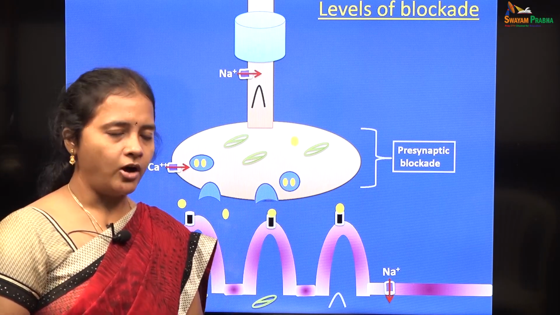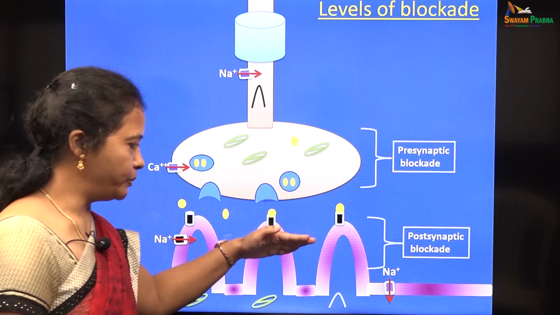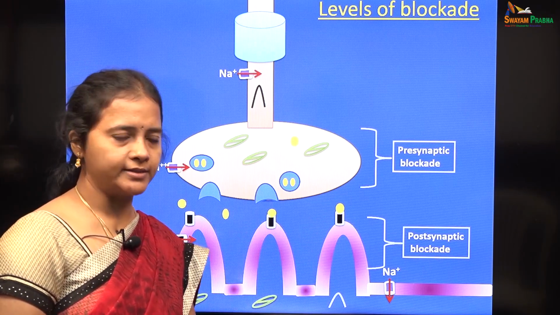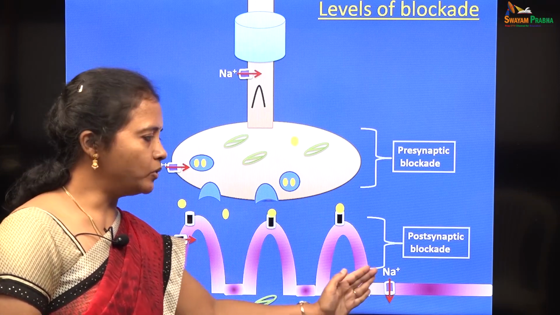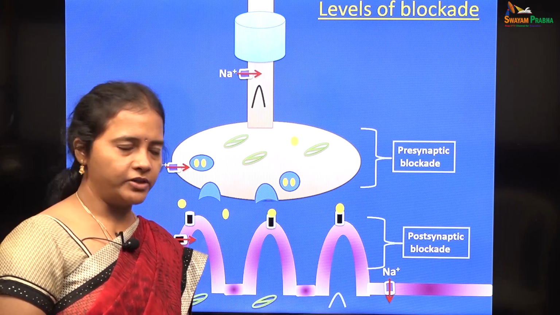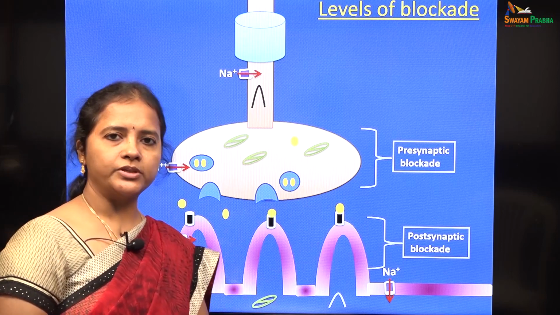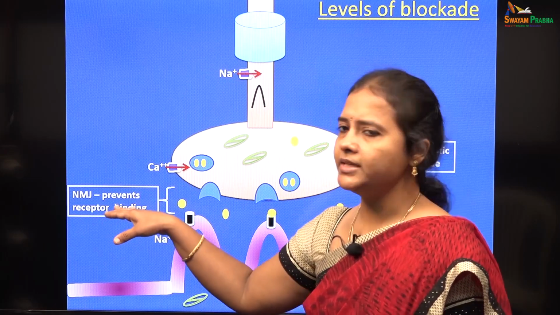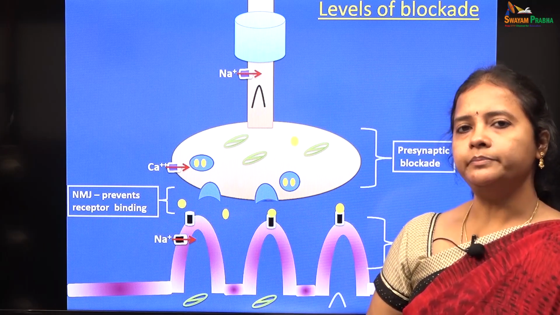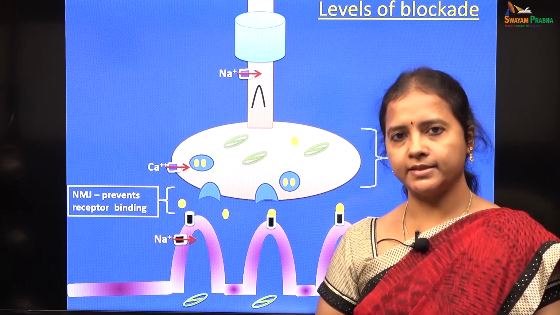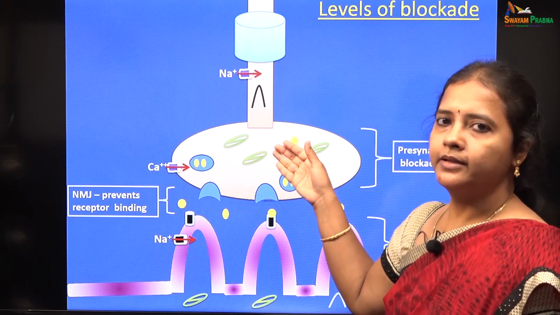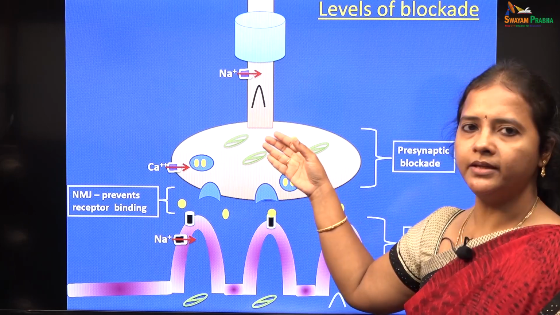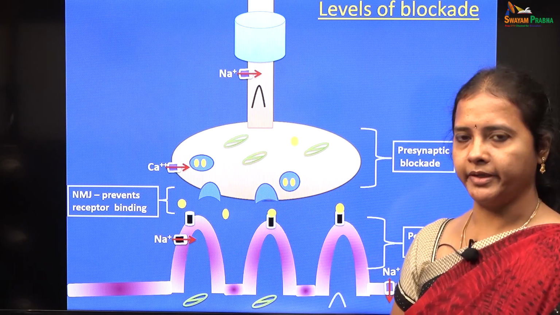Or the blockade can be at the postsynaptic level, where the post-junctional folds with the nicotinic acetylcholine receptors can be blocked, or the voltage gated sodium channels can go for inactivation, so that further transmission cannot happen. Or the blockage can be at the level of the synaptic cleft, where inhibition of the acetylcholinesterase enzyme can also prevent the transmission of impulses from the nerve membrane to the muscle membrane.